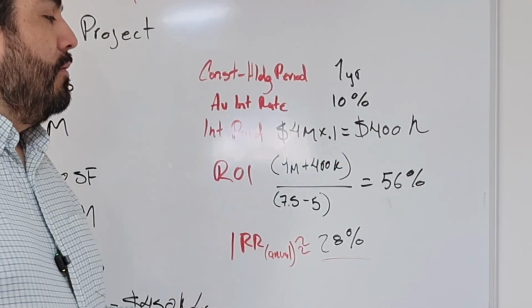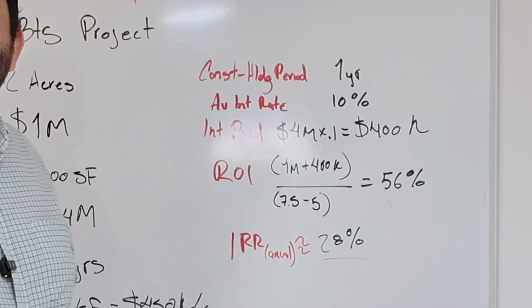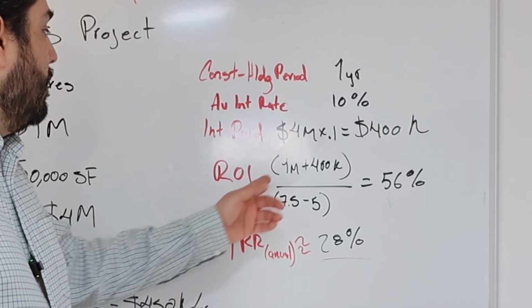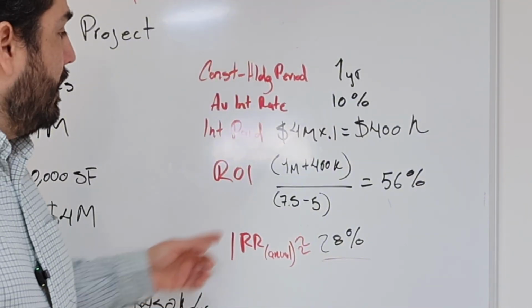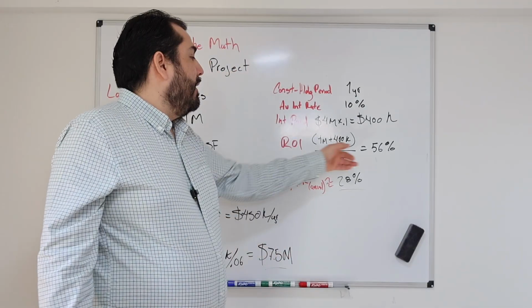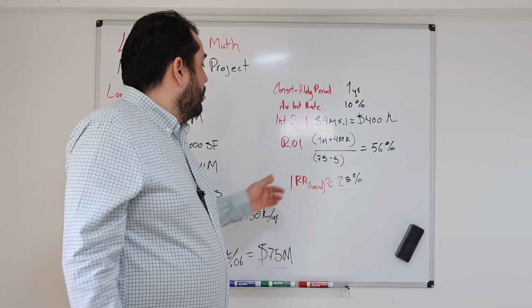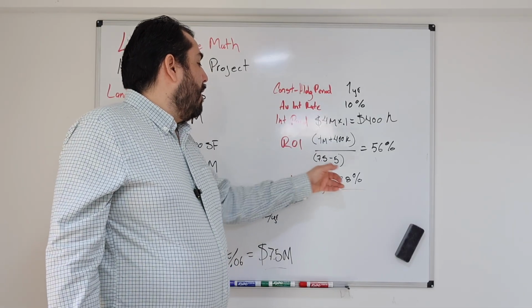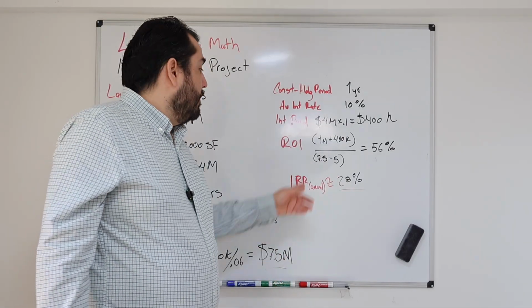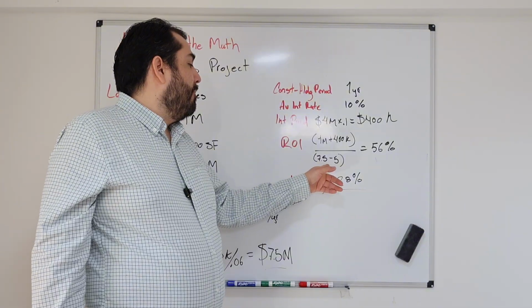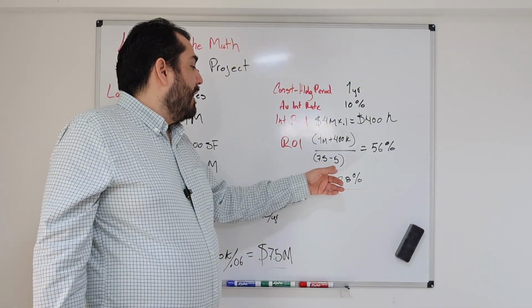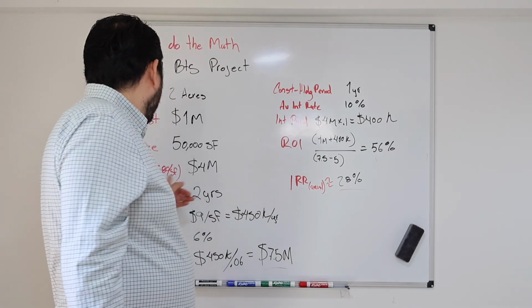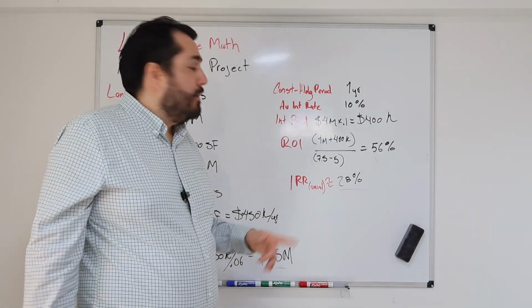Okay, so what is the return on investment of this project? We are investing 1 million cash for the land, and then 400K for the interest, and we divide it by how much we are making from the property. We are selling for 7.5, and we subtract the cost, which is the land and the construction cost, including the design.